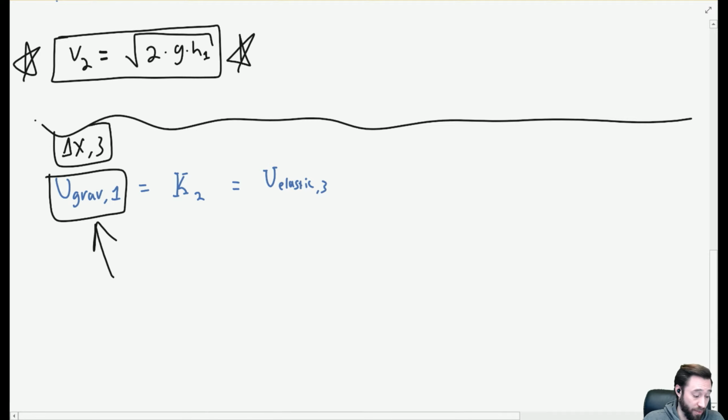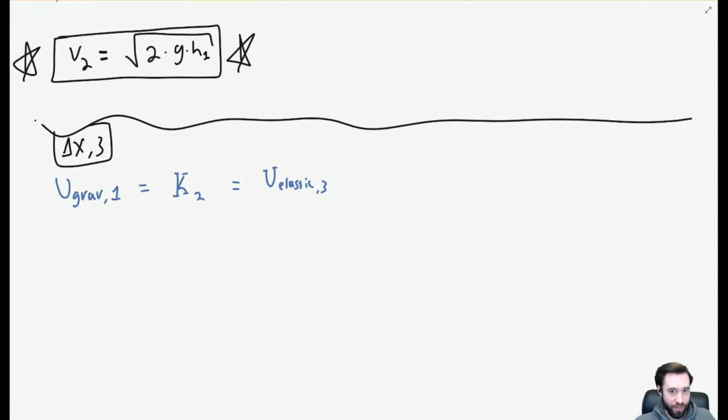Does that make sense? Because all three of these are equal, I can set these two equal to each other, I can set these two equal to each other, I can set these two equal to each other, and we can solve whatever. Does that make sense? Hopefully going back and watching this, it might click. I know it's really early to be doing all this algebra. So what we're going to do is we're just going to focus on this.